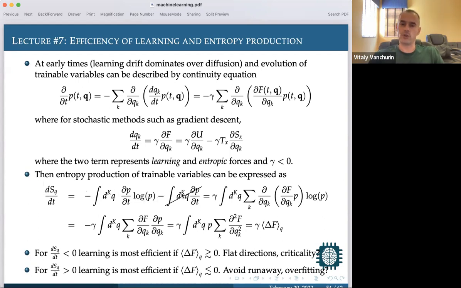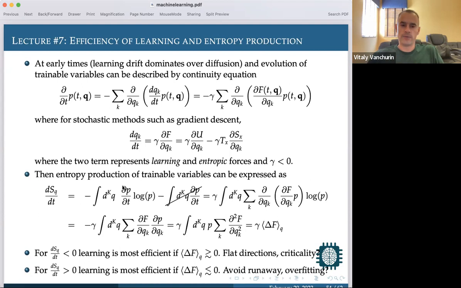If you differentiate log p, you get the derivative of p divided by p, which cancels with the other p. And then you get this integral of d^k q dp/dt. So this term is 0, just because now I can pull d/dt outside of this integral, and what you have inside is the integral over the probability distribution over all trainable states, and so that's always 1, and the derivative of 1 is 0. So that goes out.